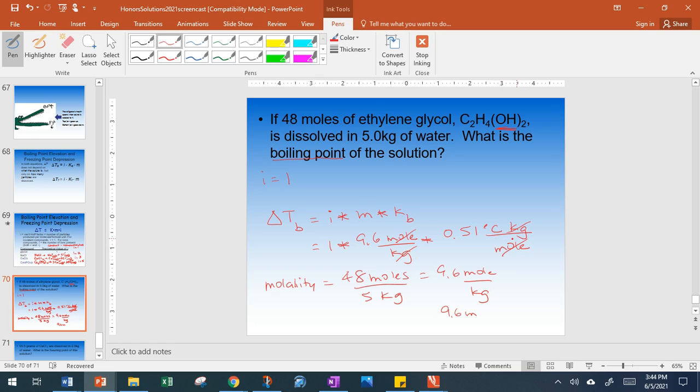If I'd used degrees C over m, I would have also wanted to use 9.6 m to make sure things are canceling out. So 9.6 times 0.51 gives me 4.896 degrees C. And I'm not going to worry about sig figs until the end.